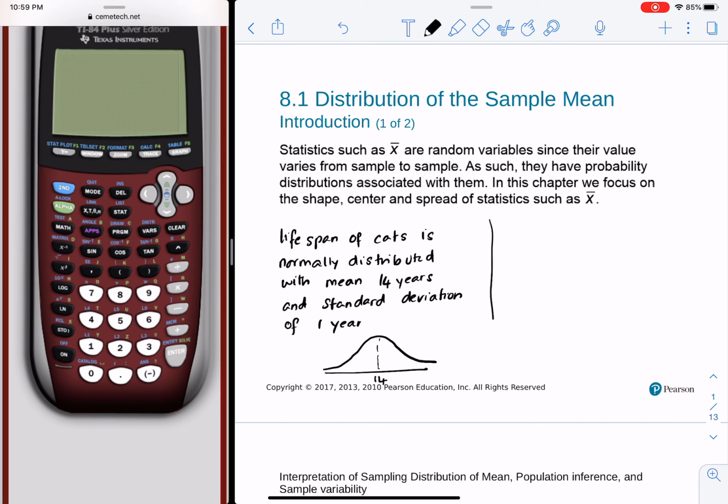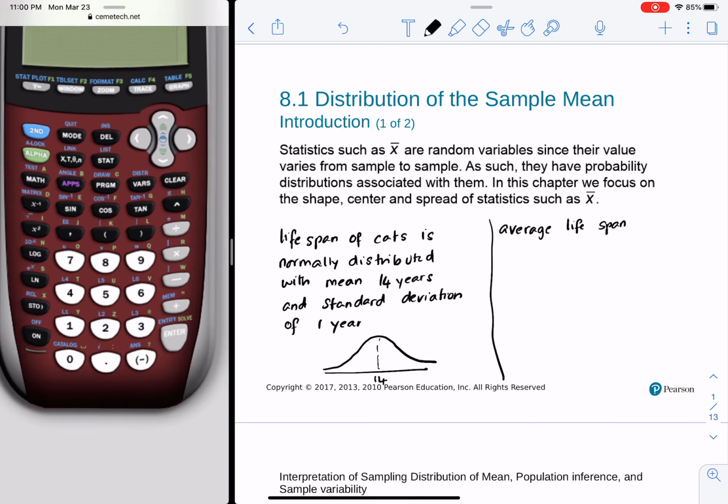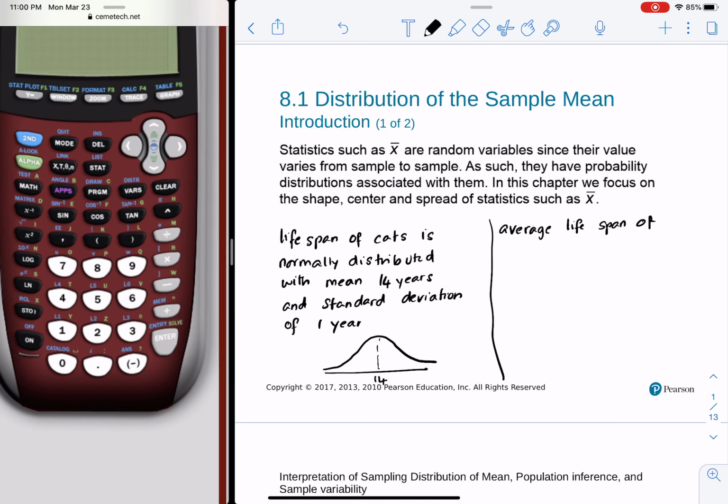But if, on the other hand, I change the statement and say the average lifespan of cats is normally distributed, this is no longer just a distribution, rather this is the sampling distribution of the sample mean.